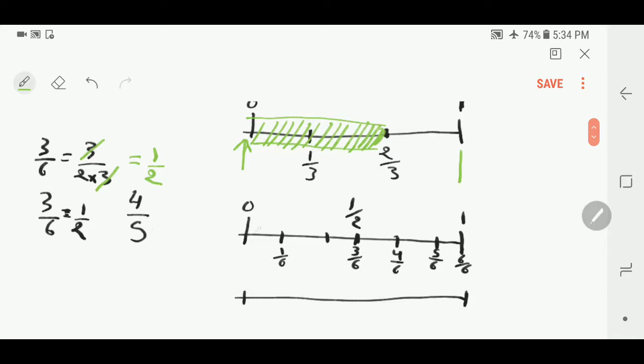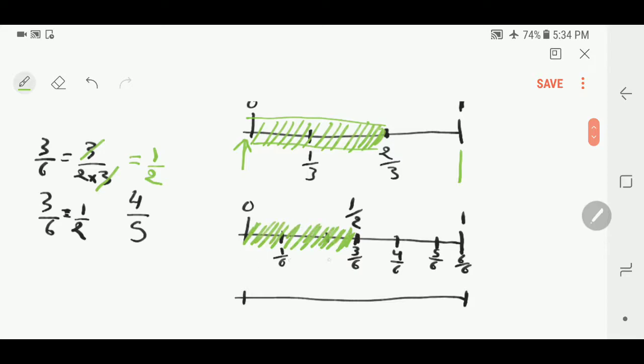Okay, so for the first one, 1/2 or 3/6, same thing. This is what I want you to understand. 1/2 and 3/6, they're the same number. If I ask you to give me 1/2 from this piece, you're gonna give me this.